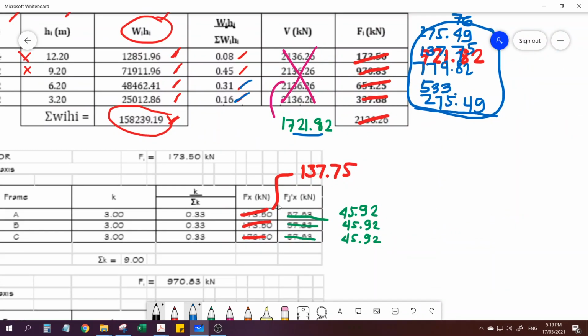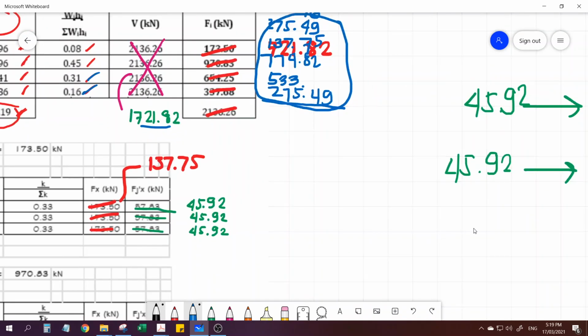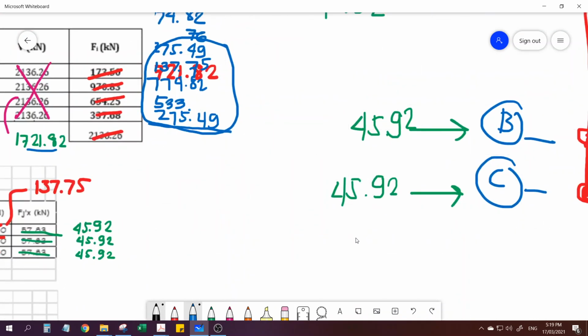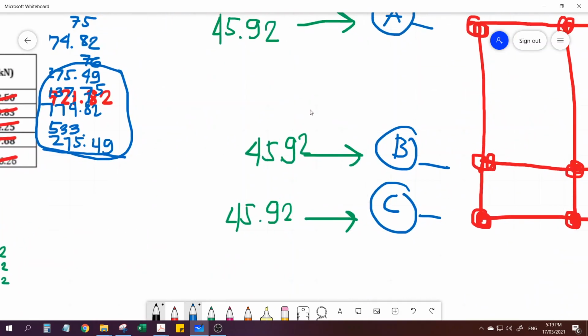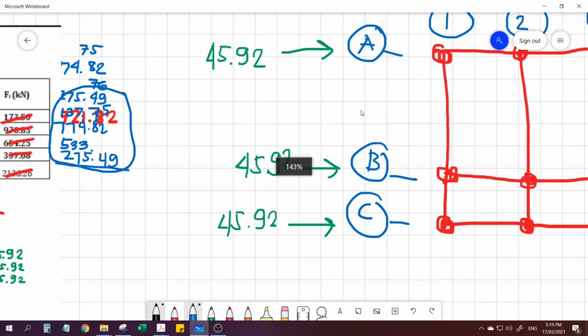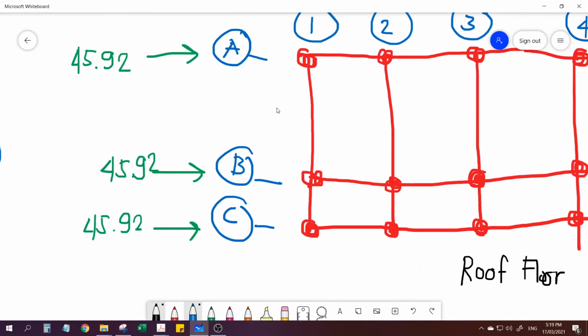So, 1/3 of 137.75 is 45.92. 45.92, 45.92. That means, basically, hinati natin into 3 yung 137.75. Ito yung tinatawag nating direct shear.